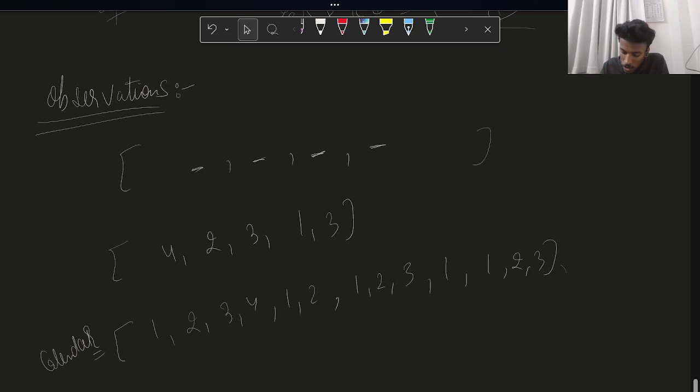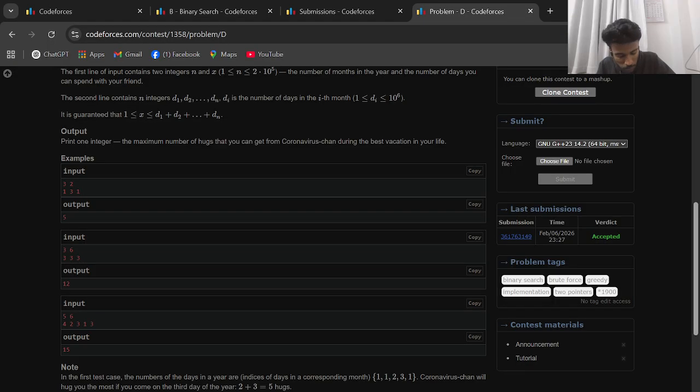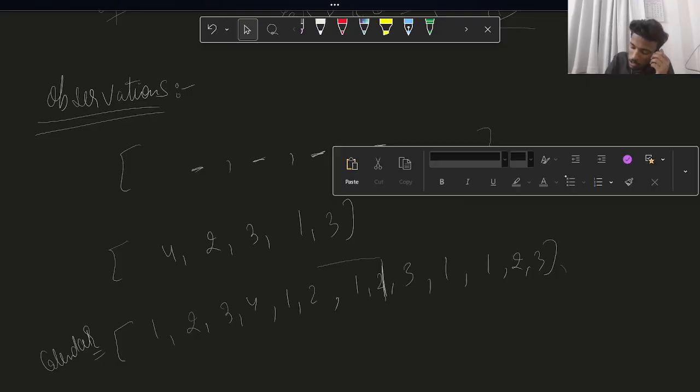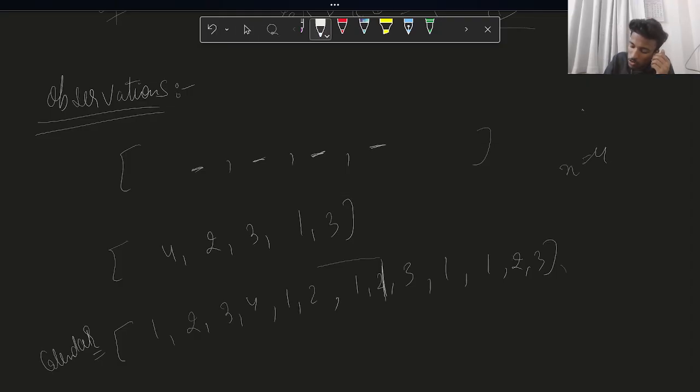Suppose I thought of visiting the relative starting from here. What is the x value given? X equal to 6. Suppose we take x equal to 4. So, suppose I thought I would visit them on these dates.